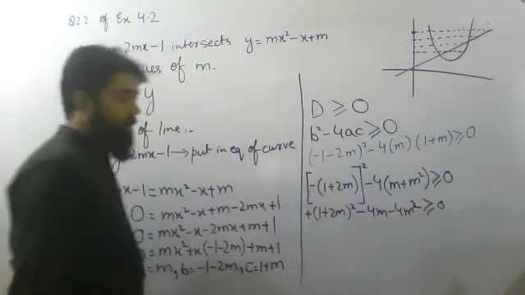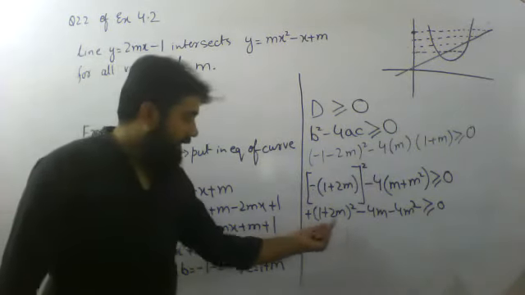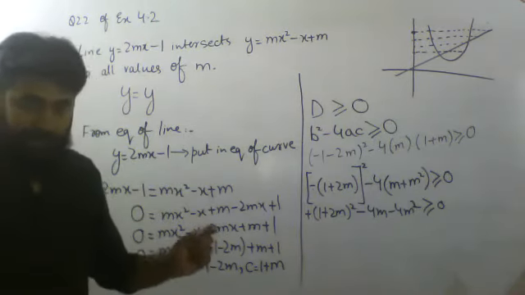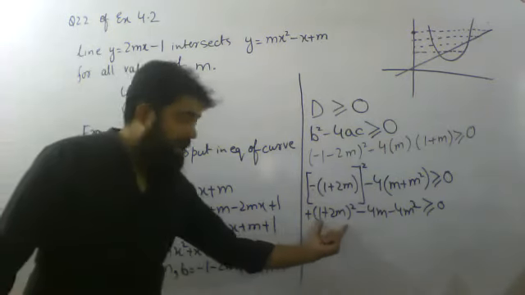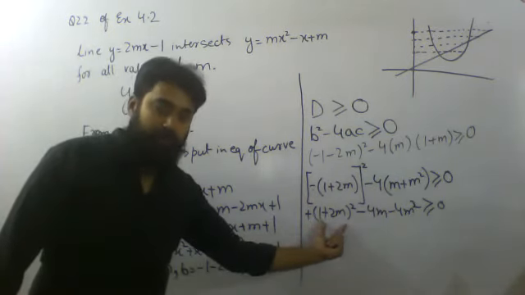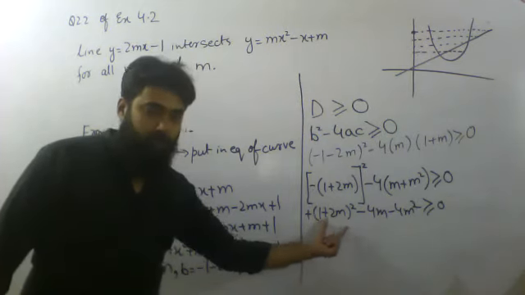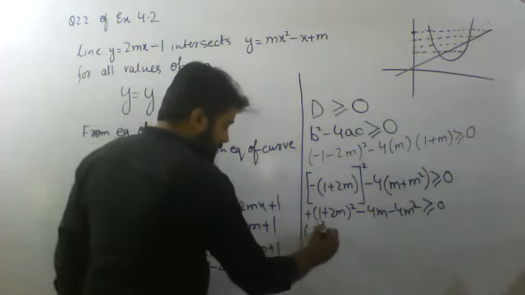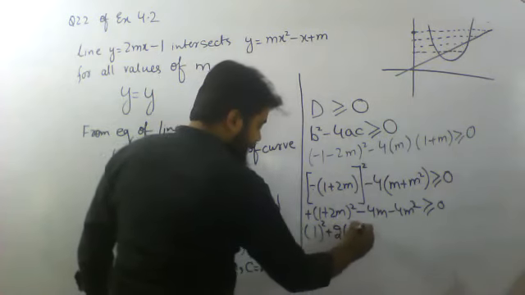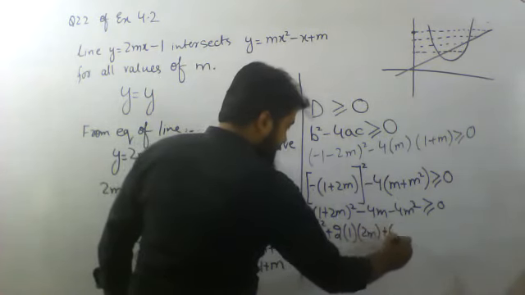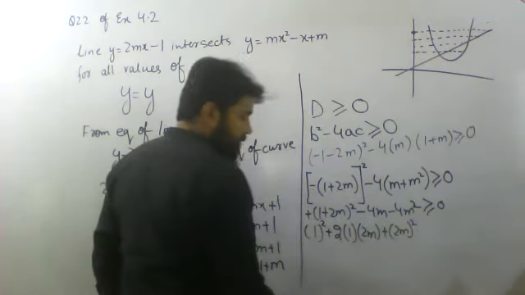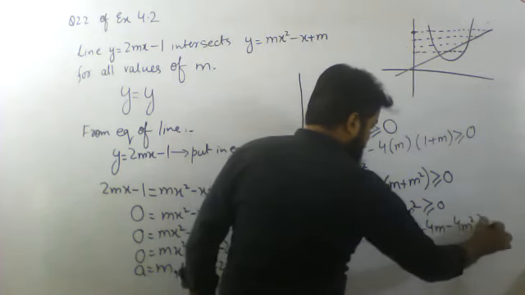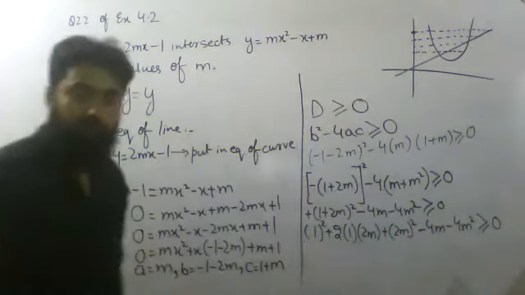Now, over here, in order to expand this, I am going to apply the algebraic identity, the a plus b whole square identity, according to which 1 square plus 2 times 1 into 2m plus 2m whole square, minus 4m square, greater than or equal to 0.